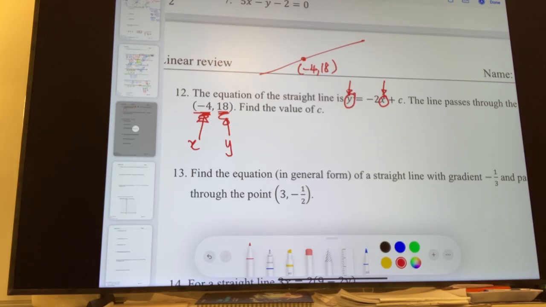Replace it into the equation so you can find out the c. Put in the x as -4, put in the y as 18. So always remember when it goes through a certain point, that point must be on your line so you can sub it in straight away.